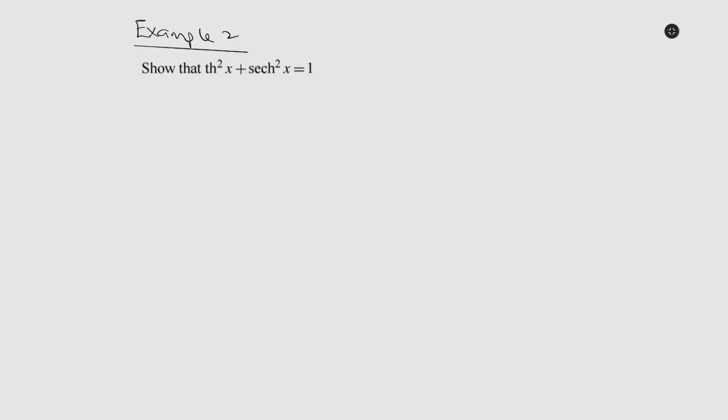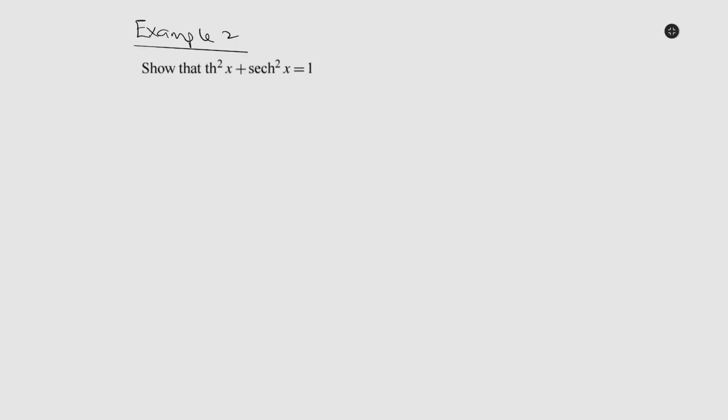We know that tan squared x is sine squared x over cos squared x. I see that there's a shorter way and a longer way to go about this. Surprisingly, I'm going to pick the longer way.